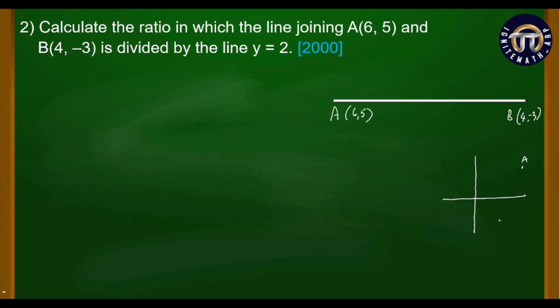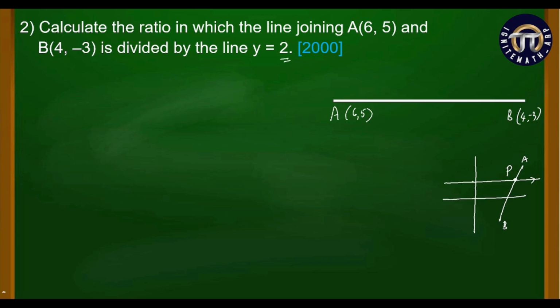So I am joining these points, and y equal to 2 is the line passing through y equal to 2 and parallel to the x-axis. It is going like this. So this is the point of intersection. Clear?